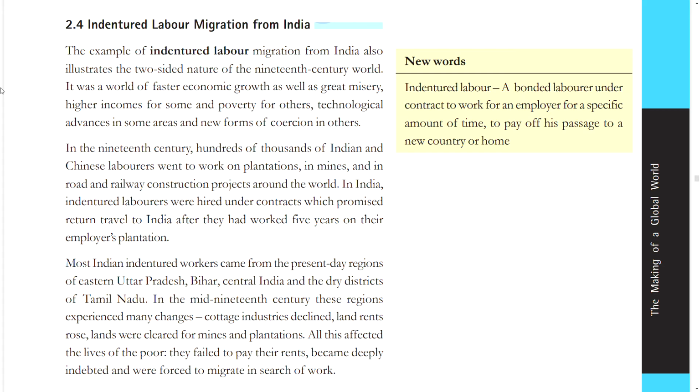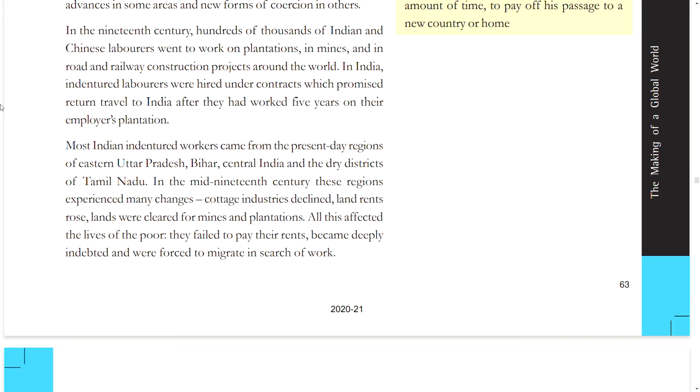In India, indentured laborers were hired under contracts which promised return travel to India after they had worked 5 years on their employers' plantations. Most Indian indentured workers came from the present-day regions of eastern Uttar Pradesh, Bihar, central India, and the dry districts of Tamil Nadu.